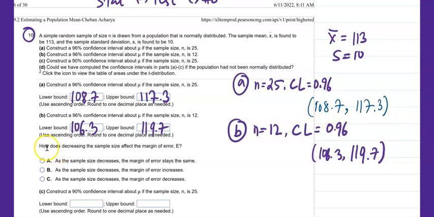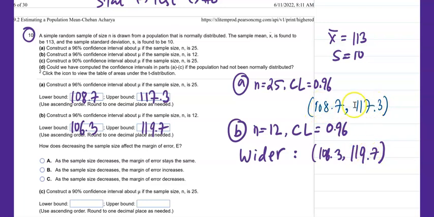That's the next question: how does decreasing the sample size affect the margin of error? Notice that the first interval, with the larger sample size, is narrower than the second one with the smaller sample size. In the first, 108.7 is the lower bound and 117.3 the upper bound, while the second has 119.7 as the upper bound, so it goes further. So the second interval is wider, because 106.3 is the lower bound, whereas in the first 108.7 is the lower bound.